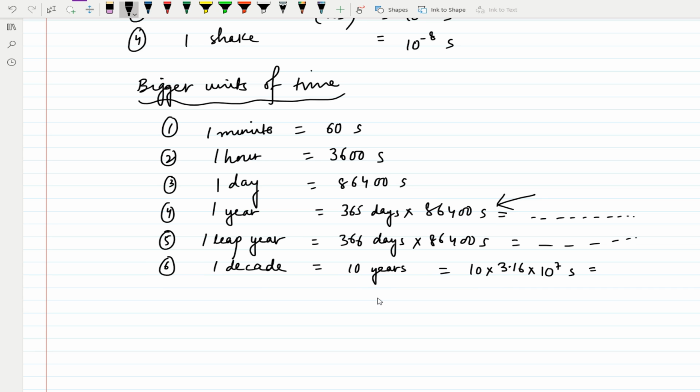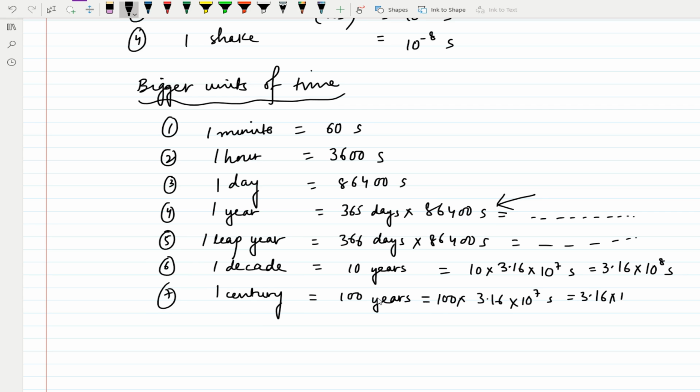So this comes out to be 3.16 into 10 to the power 8 seconds. Okay. Similarly, 7 is 1 century, and 1 century is 100 years, and then similarly 100 into 3.16 into 10 to the power 7 seconds. So this will give you 3.16 into 10 to the power 9 seconds.